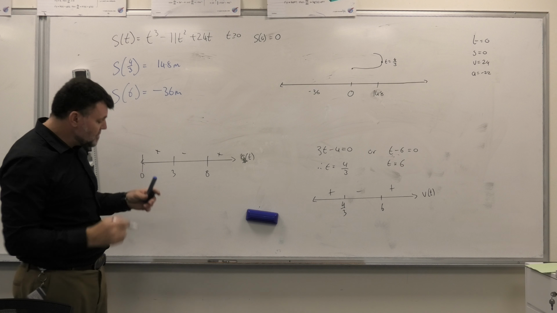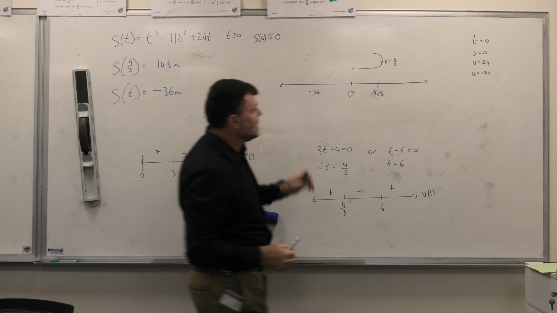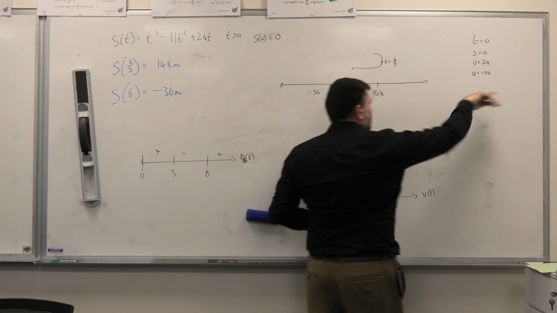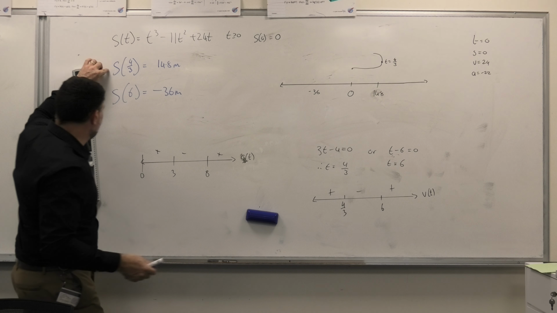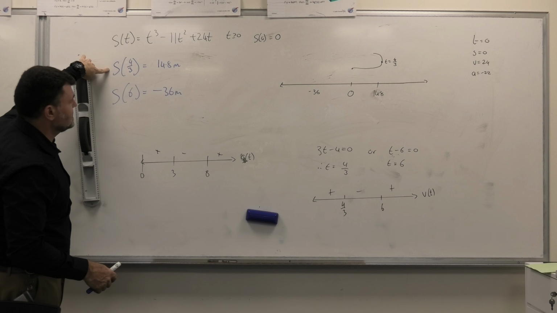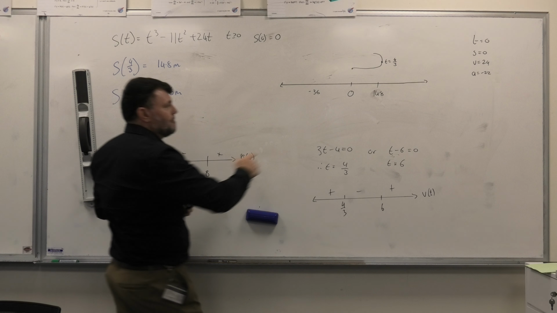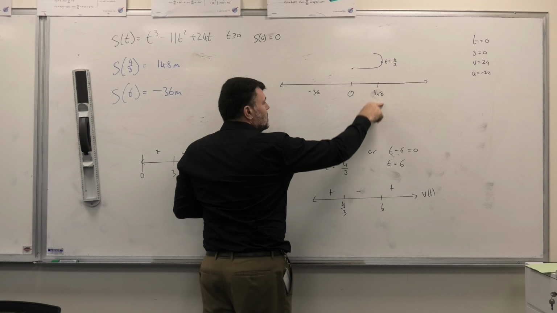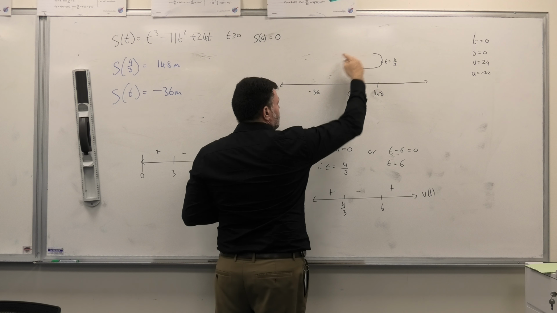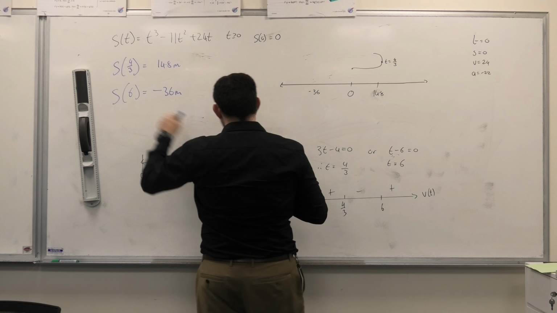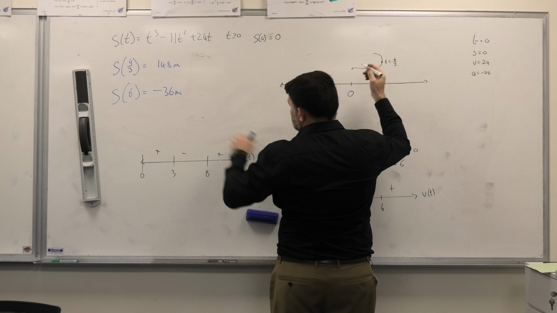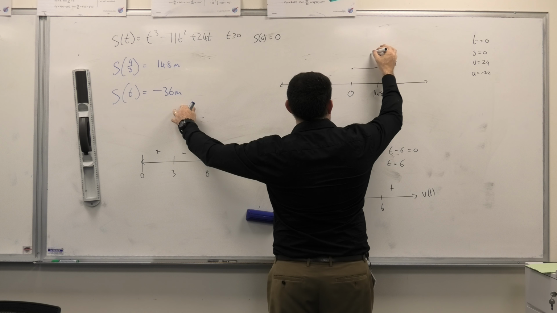How do I know that? Because I know that initially I'm going that way, and it's not until I meet 4/3 seconds that I change direction after 14.8 meters of travel. So that means now I'm going from positive to negative. And I change direction again at t equals 6, or when I'm at 36 meters.